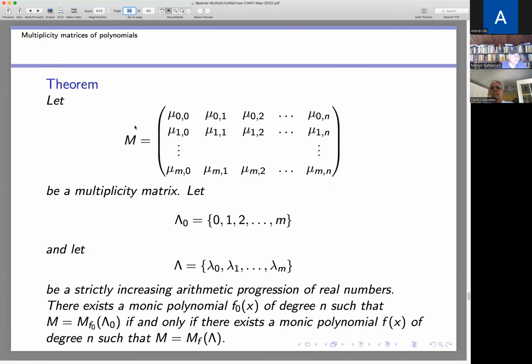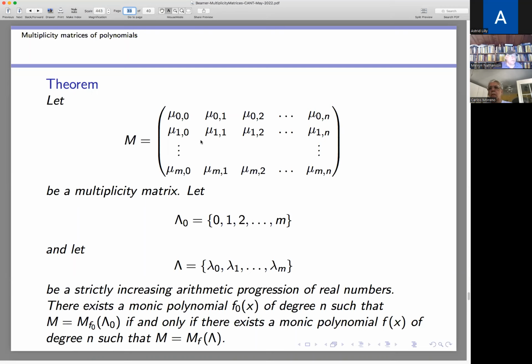Let's see what this says. There are various conditions that tell us. So for example, here's a multiplicity matrix. Suppose I take the set of m+1 real numbers 0 to m, and I take another set of m+1 numbers which are some strictly increasing arithmetic progression.